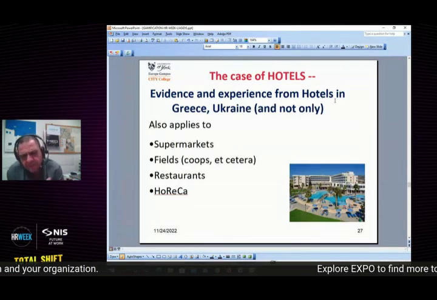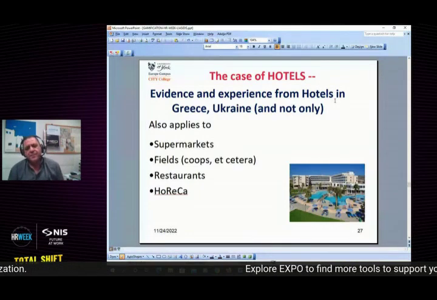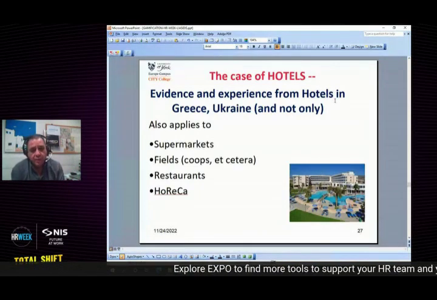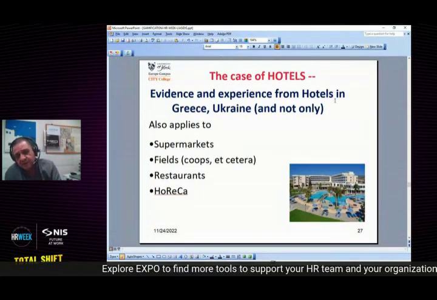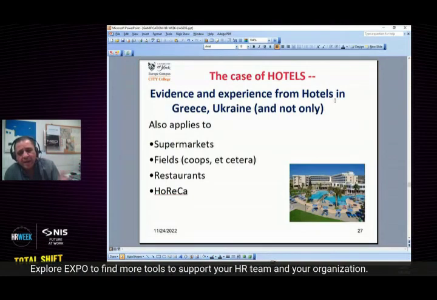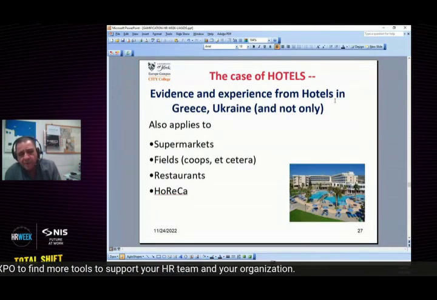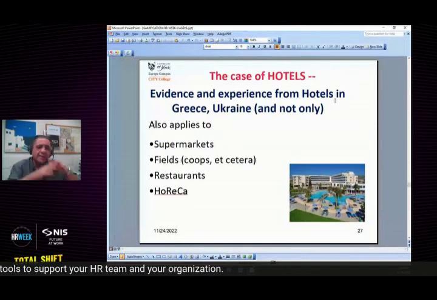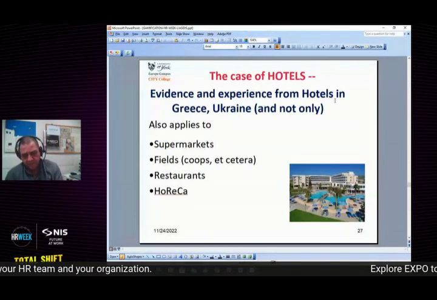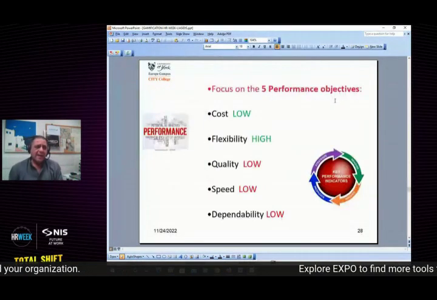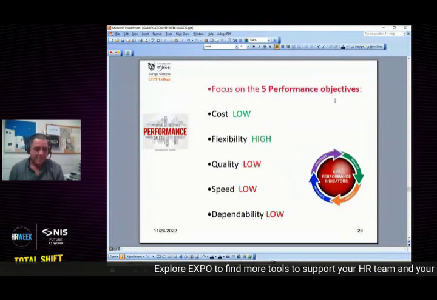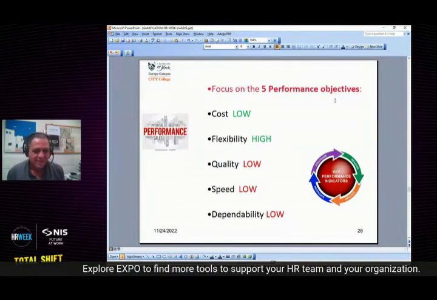Of course, as said earlier, it's doable for supermarkets, in fields, in restaurants, in any horeca organization when they need extras at certain periods of time. So now, I promise I won't sound like an academic, but let's go back and understand certain things.